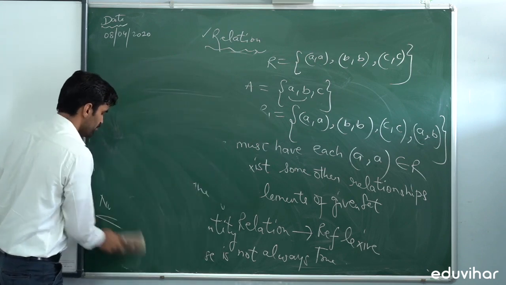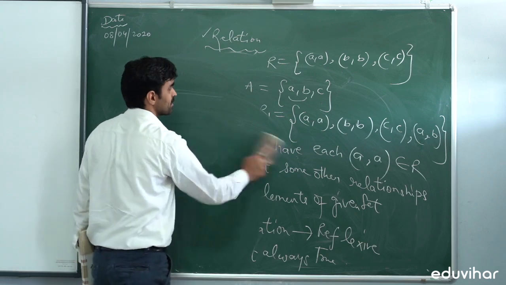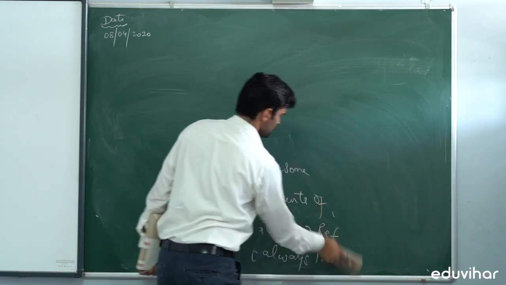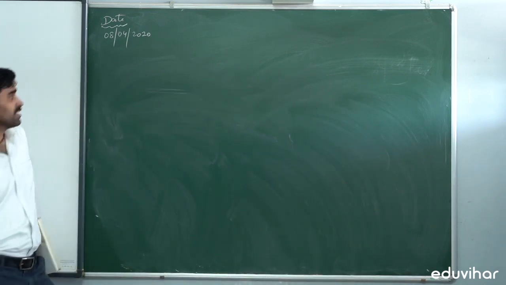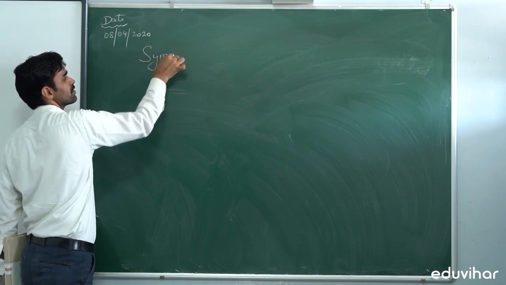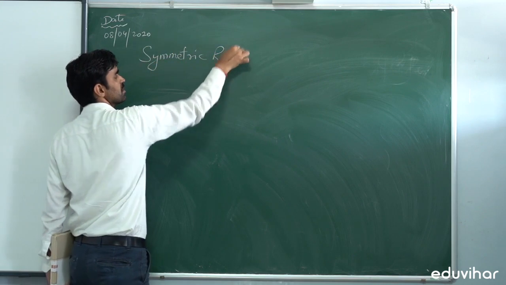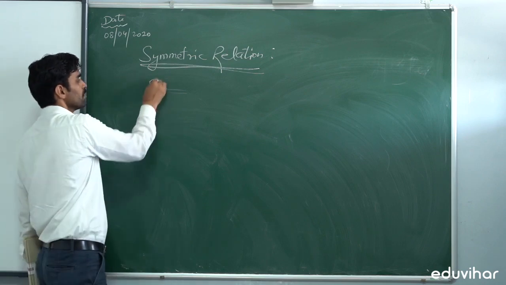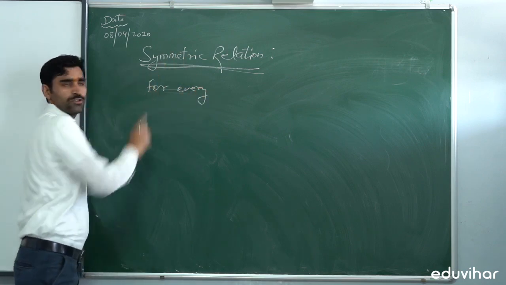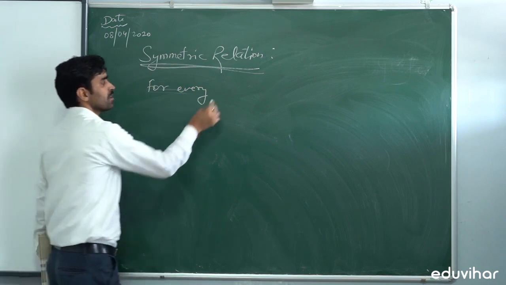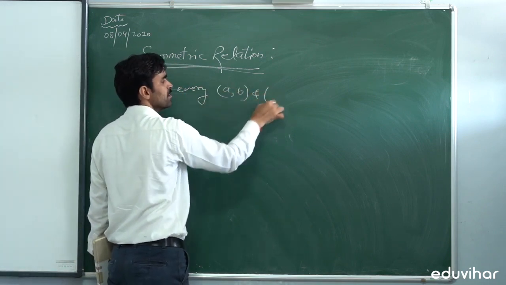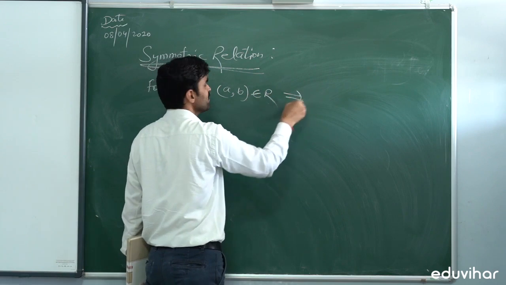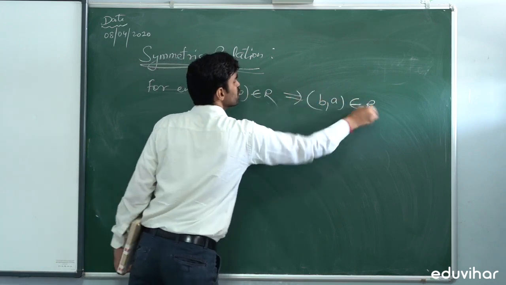Okay, next. After reflexive, we have another relation, the symmetric relation. The condition for a symmetric relation is that for every ordered pair AB belonging to the relation, it implies BA also belongs to the relation.